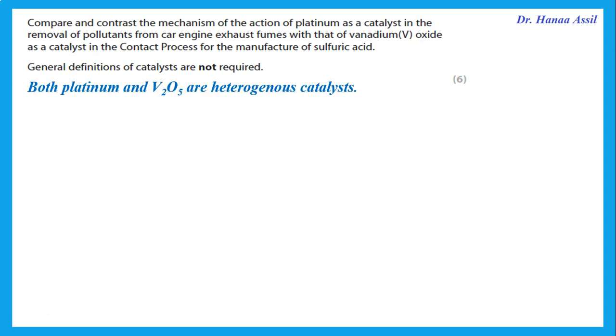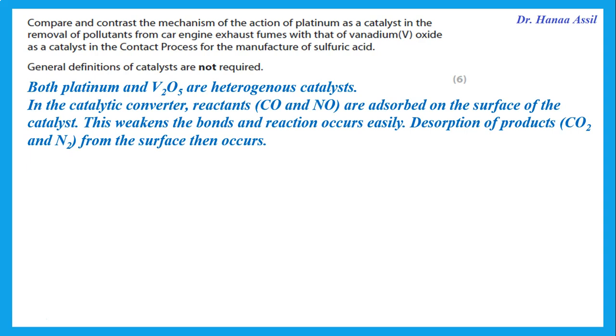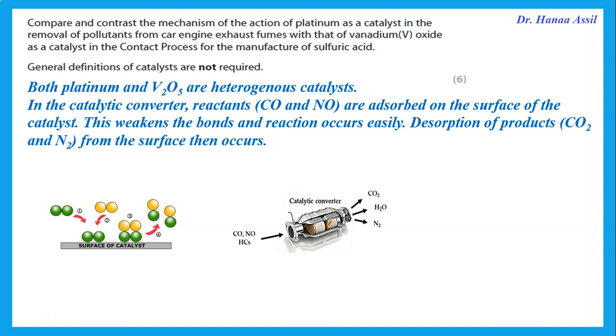Remember, both platinum and V2O5 are acting here as heterogeneous catalysts. But the difference is, what is the catalytic converter? This is something that is placed in the car exhaust, and it is used to remove the harmful gases so that they do not affect the environment.